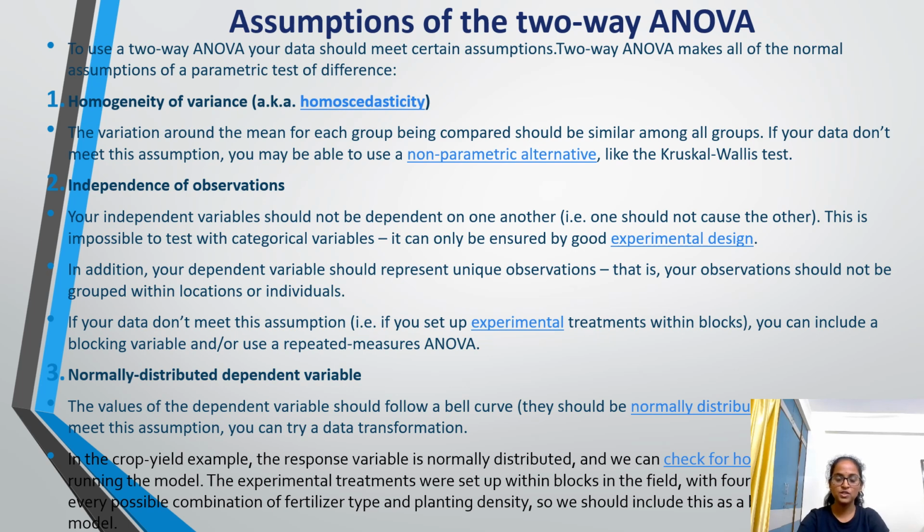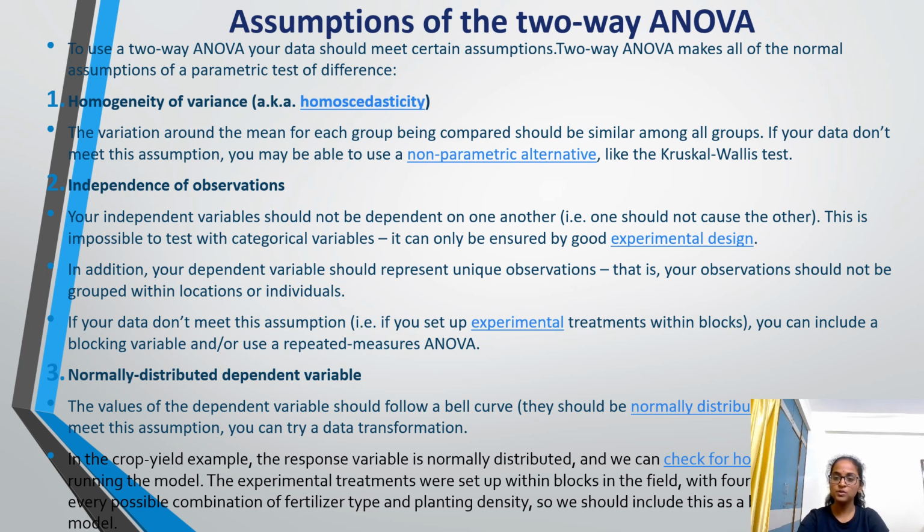Independence of observations. Your independent variables should not be dependent on one another. That is, one should not cause the other. This is impossible to test with categorical variables. It can only be ensured by good experimental design. In addition, your dependent variable should represent unique observations.